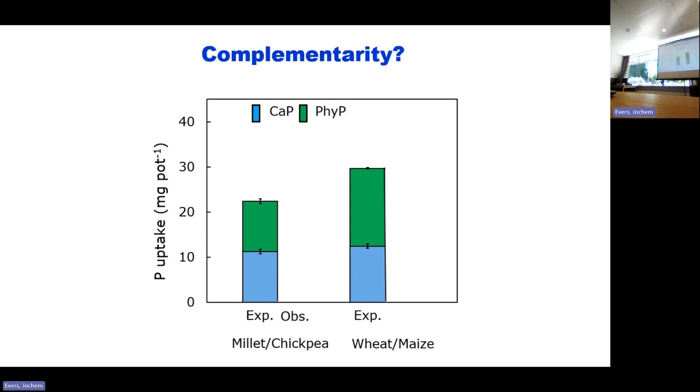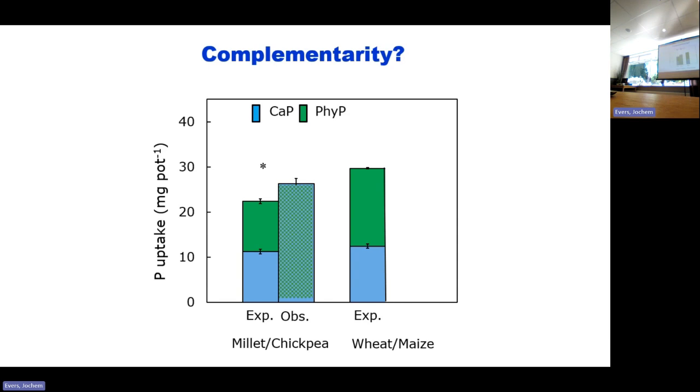They show very similar P uptake abilities on different P sources. Then we supposed the wheat-maize mixture would not increase the P uptake. And we found that for millet and chickpea, yes, the results verified our hypothesis. So the millet-chickpea mixture growing on the mixed P sources took up more P than, sorry, yes?